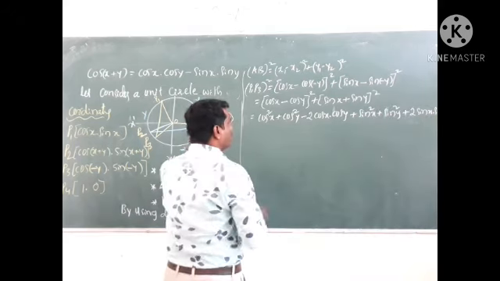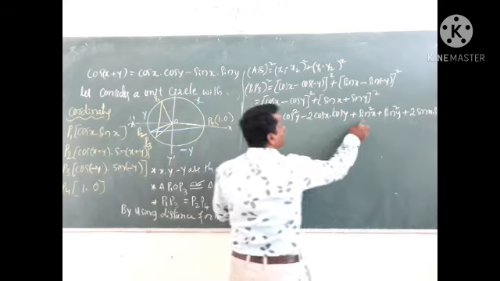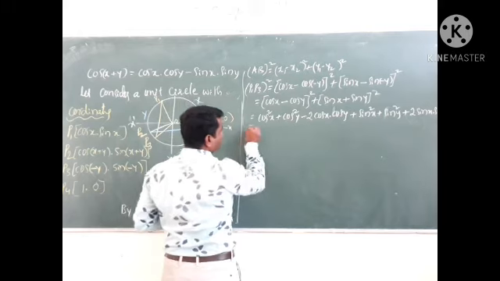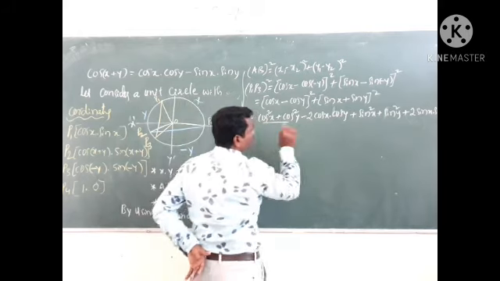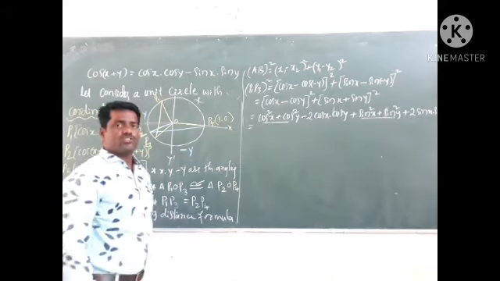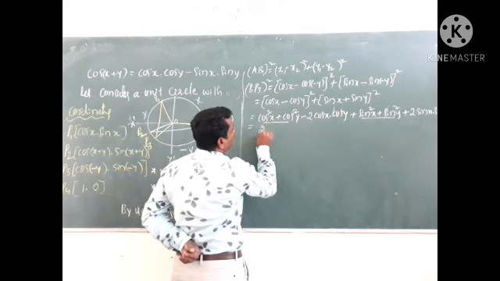Now cos square x plus sin square x equals 1, and cos square y plus sin square y equals 1, so 1 plus 1 is 2.